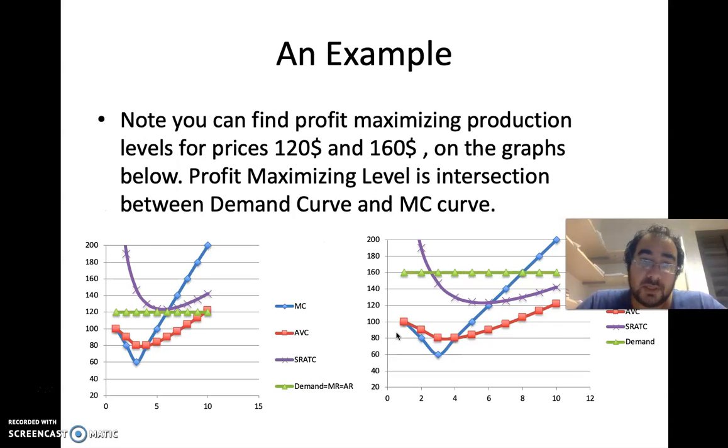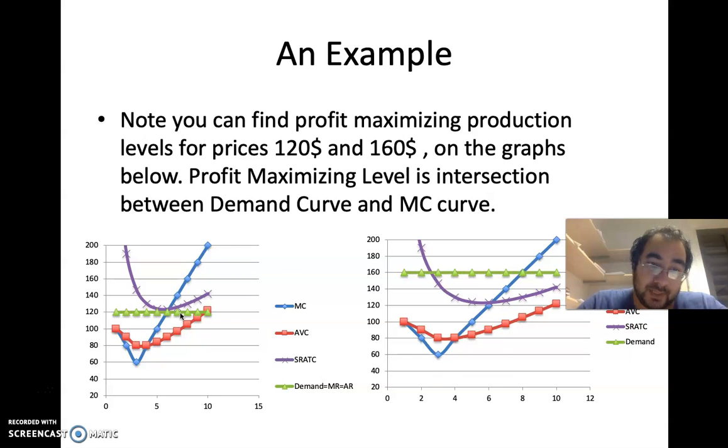So this is how we can draw the curves for two different cases, when the price is 120 and when the price is 160. When the price is 120, basically this is the demand MR/AR curve. This is the SRATC curve. This is the marginal cost curve. This is the AVC curve. Note that in some cases the demand curve doesn't intersect with the short-run average total cost curve.